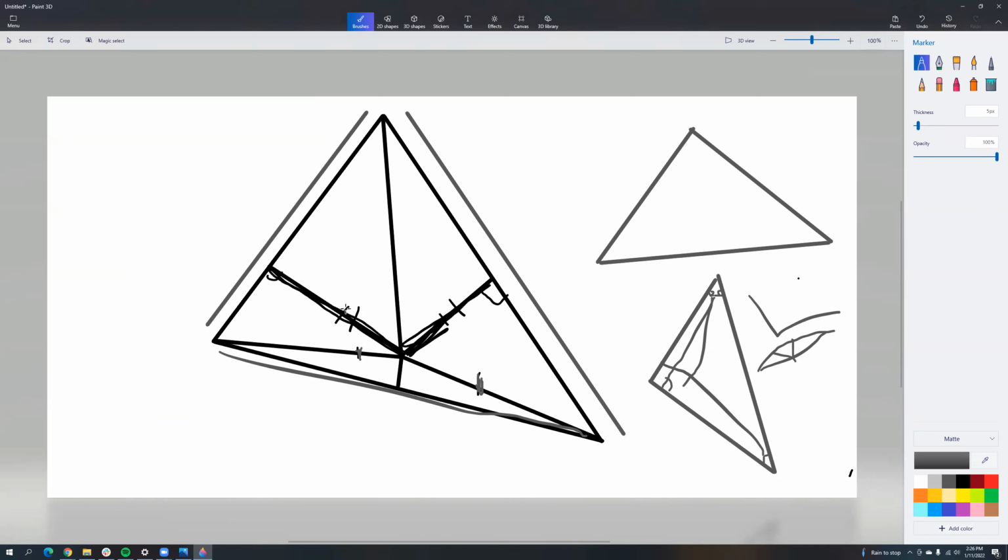And then these two are the same because, remember, I took the bisector. So you have this angle equals this angle and you have the same hypotenuse. That means these triangles are congruent, so these two are congruent, and this side will be equal to this side.